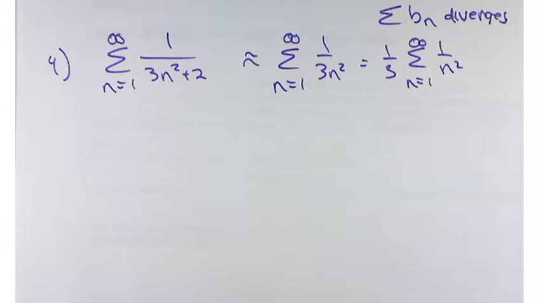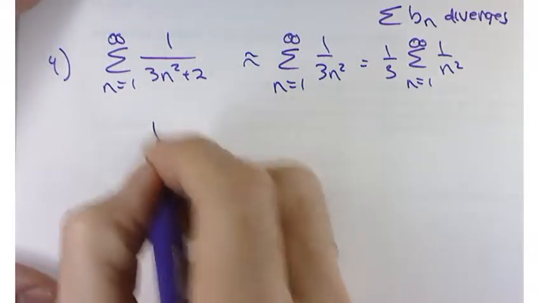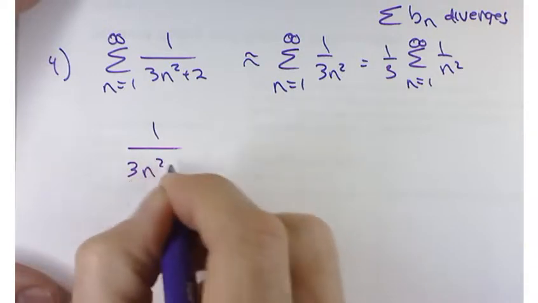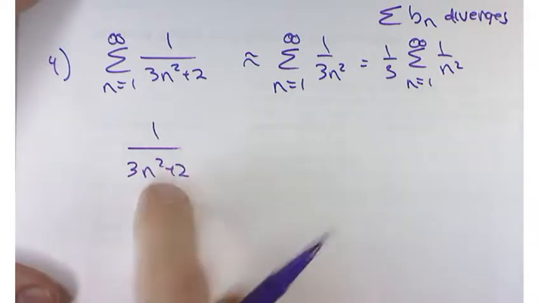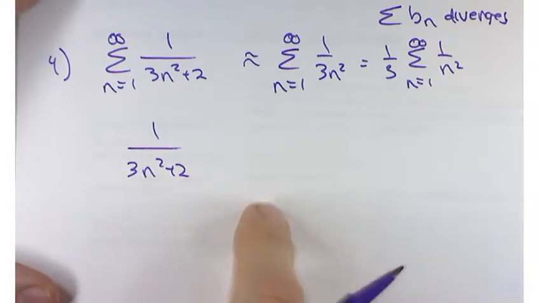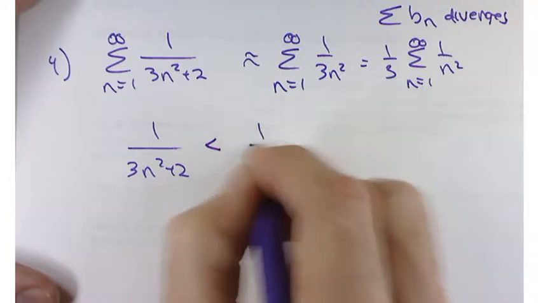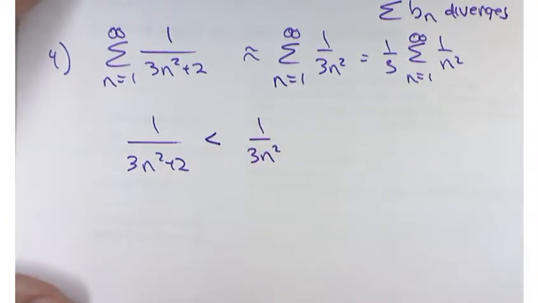It's not a geometric series. It's not a telescoping series. You need something else. So we've got the direct comparison test, and fortunately for you, this one's set up in a nice direction. 1 over 3n squared plus 2: if I make my denominator smaller, I make the quotient bigger. So this is going to be less than 1 over 3n squared.